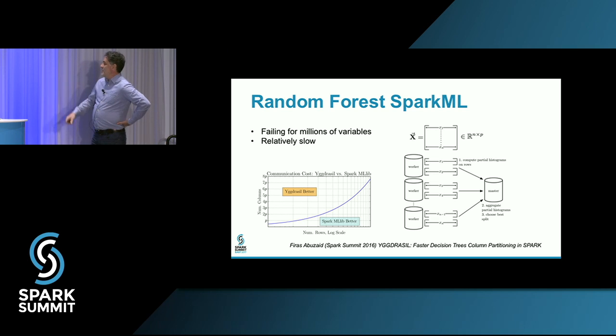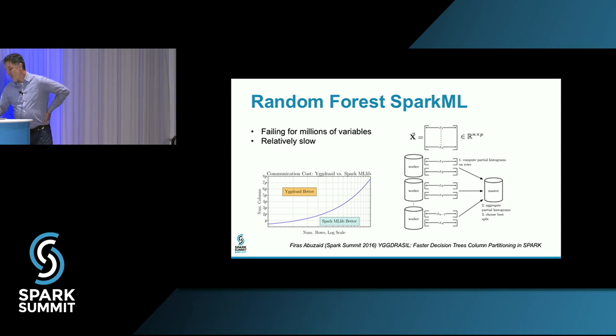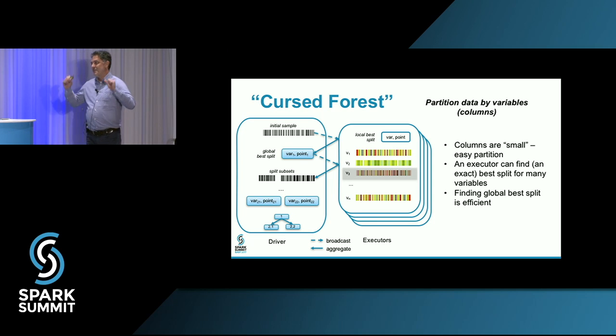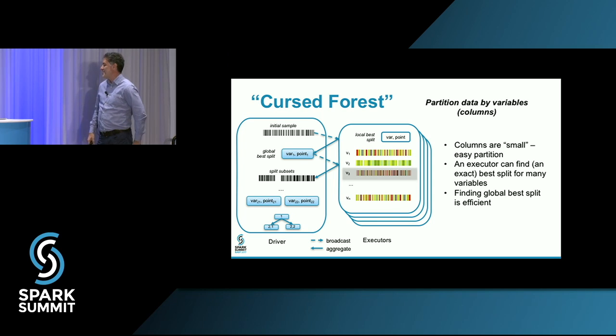The solution he proposed was to partition data by columns, and that's what we independently decided to do as well. So we came up with this implementation of random forest, which we call Curse's Forest, as if addressing the curse of dimensionality. It's a very simple idea: instead of partitioning data by rows, we partition data by columns.